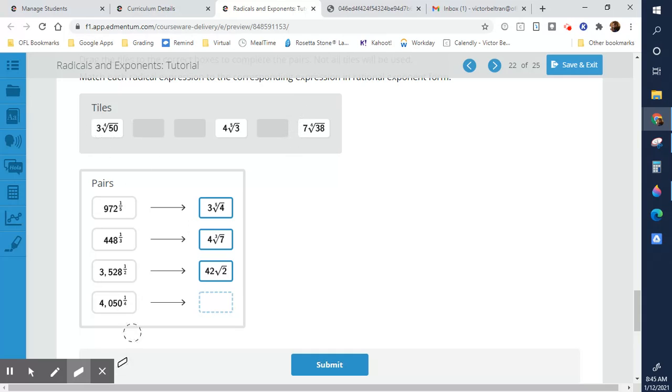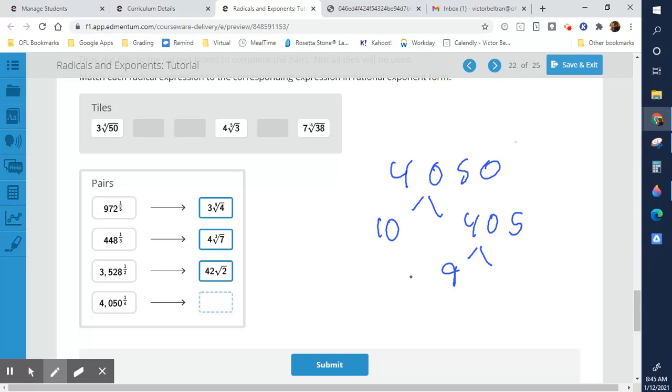Oh, look, 4 plus 0 plus 5, that's 9. So I'm going to break it up into 9 because it divides. Again, if you add up all the digits and they're divisible by 9, you can try dividing it by 9. Well, 9 goes into 40 4 times. We have 4 left over, and 9 goes into 45 that 5 times. Oh, guess what? 9 goes into 45.